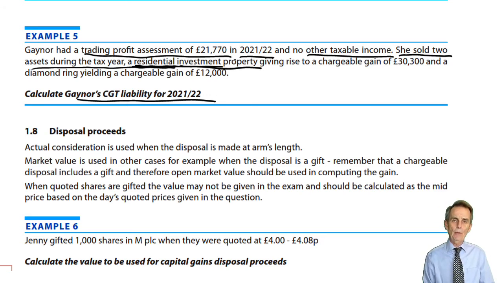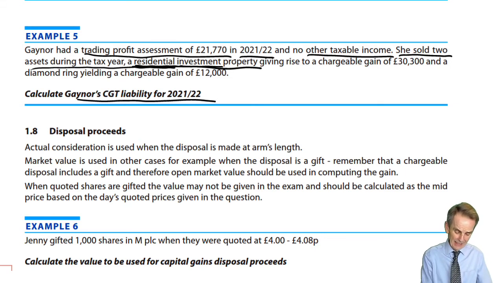Because if it was the property that you actually lived in, and all you'd ever done was live in that, then all of any gain that may have been made would be eligible for private residence relief, and that would remove any gain from being taxed.